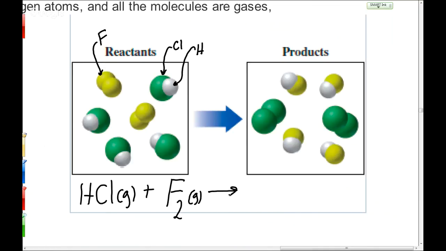And so then the products are HF and Cl2. And that's how we balance it. What kind of a reaction is that? Single replacement. Single replacement, yeah. Good.